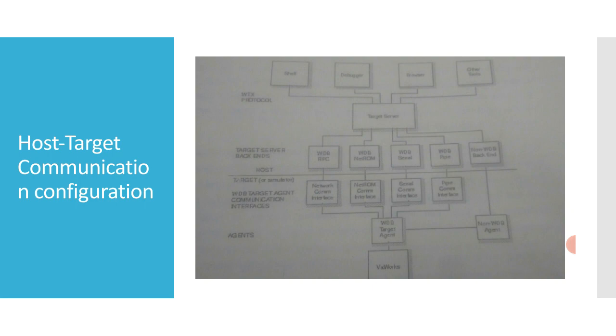Your choice of target server backend and target agent communication interface is based on the mode of communication that you establish between the host and target. Usually it would be network, serial, and so on. In any case, the target server must be configured with a backend that matches the target agent interface with which VxWorks has been configured and built.